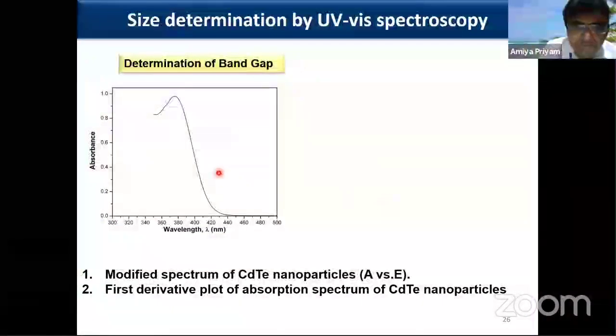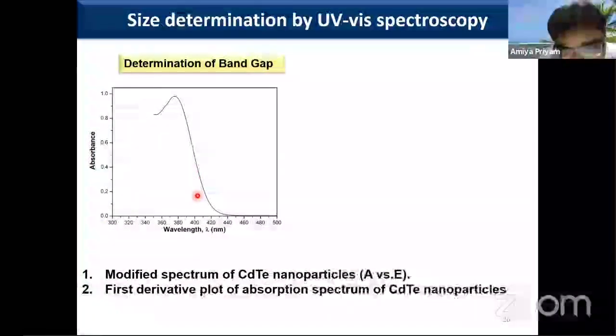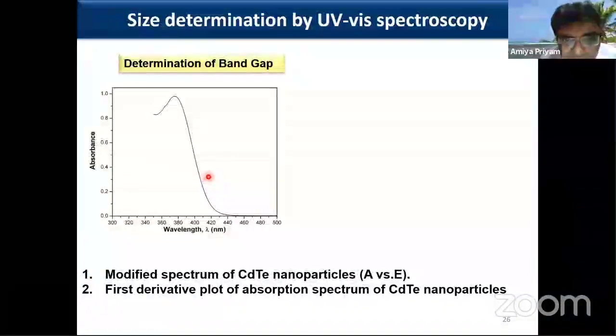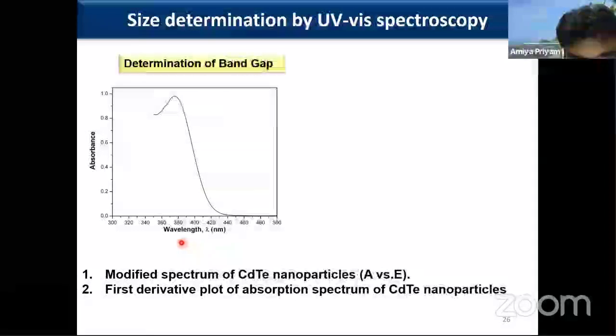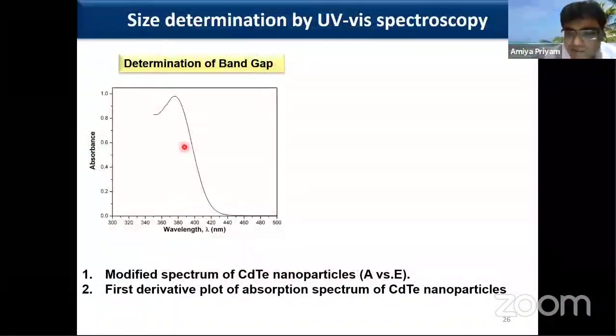So this is the absorption spectrum as acquired. You can see this is a typical absorption spectrum of a cadmium telluride nanocrystal, and this is for a cadmium sulfide nanocrystal.